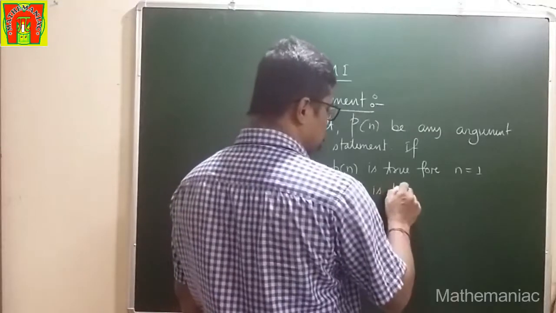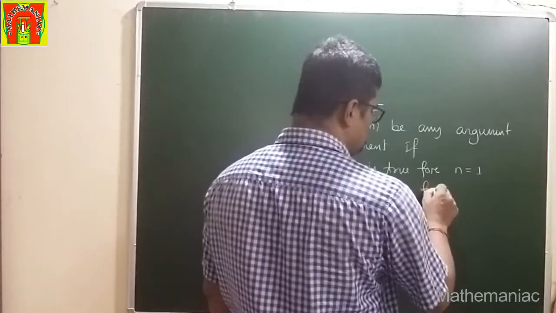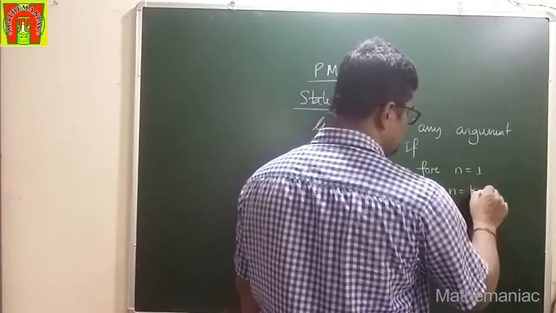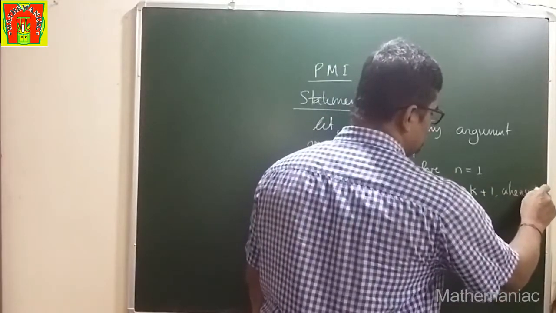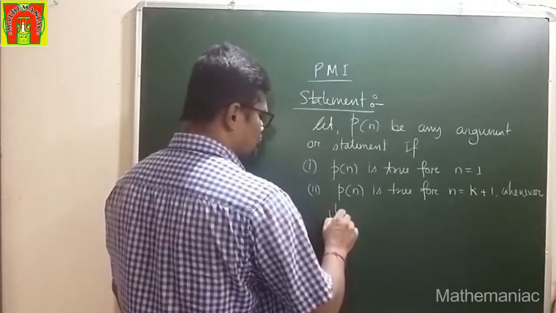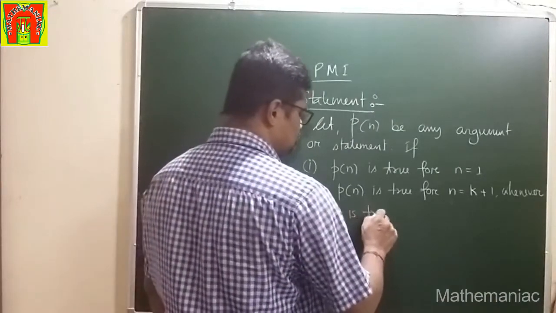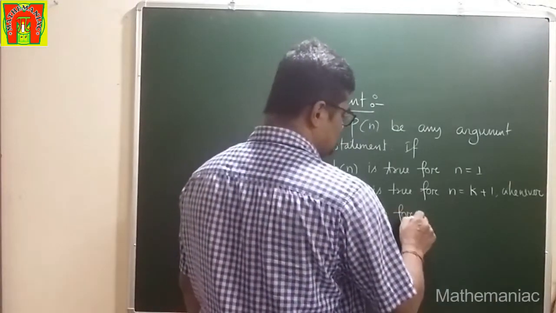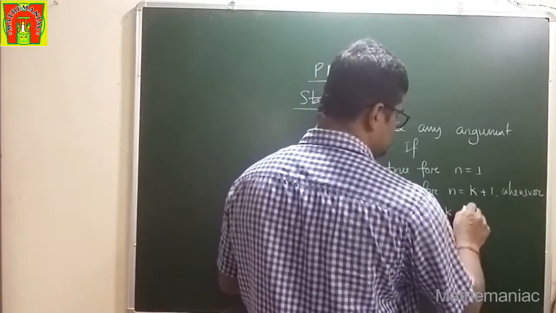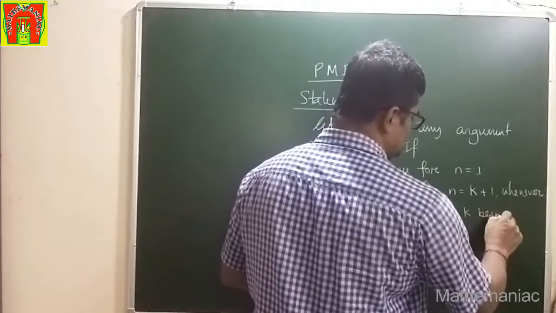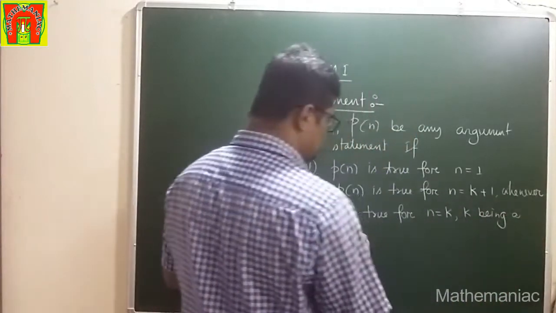Number two, Pn is true for n equal to k plus 1 whenever it is true for n equal to k, k being a positive integer.